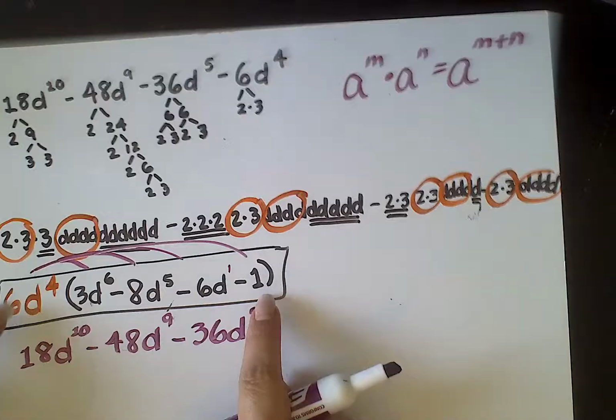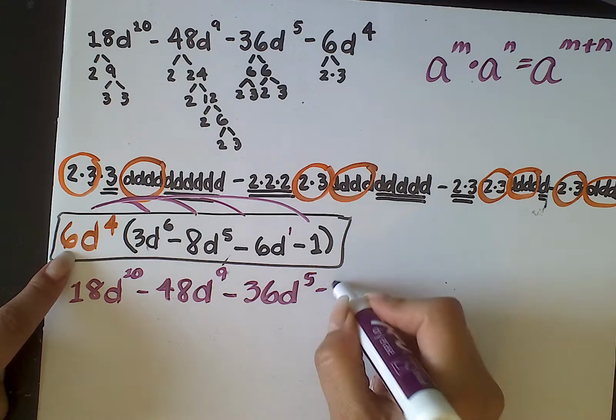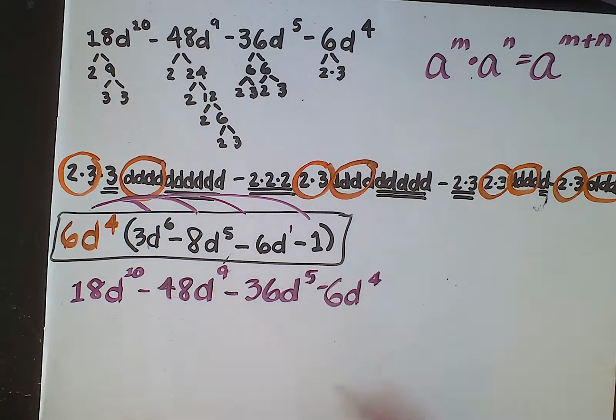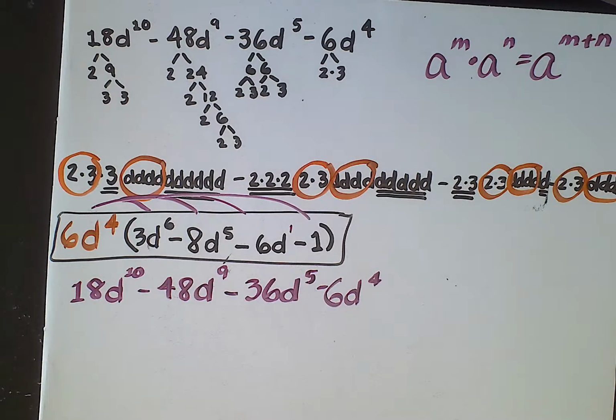And this is where this 1 is really important, because then I just rewrite the same thing, because that times 1 is going to give me 6d to the 4th power. Now you'll notice that I have the exact same answer up at the top, so that means I'm good.